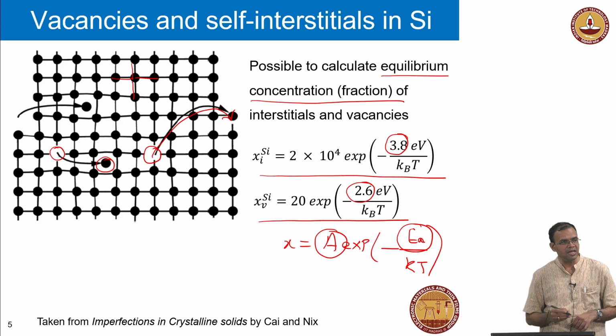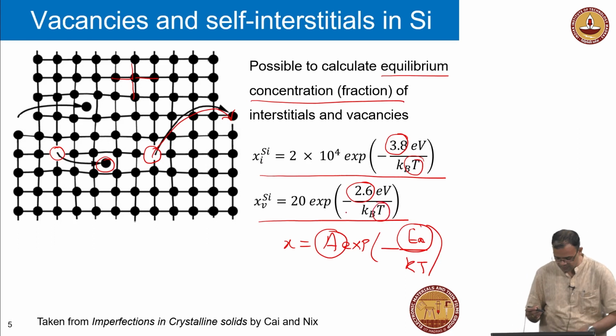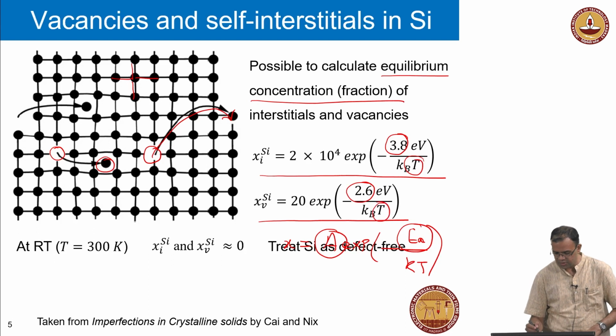Since I have these numbers, I can actually calculate the concentration of interstitials or vacancies at room temperature. All I have to do is substitute temperature as 300 and then do the math. Let me just erase this.